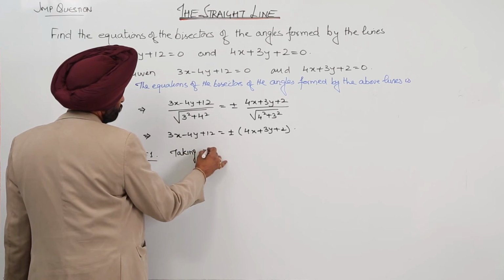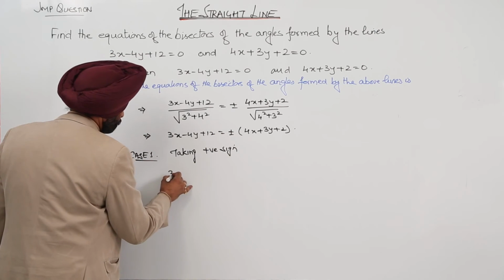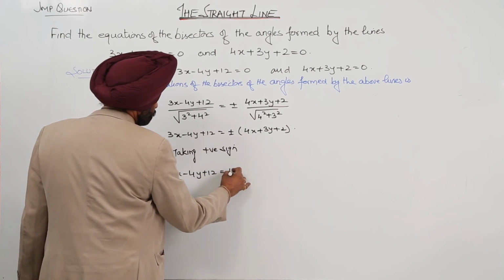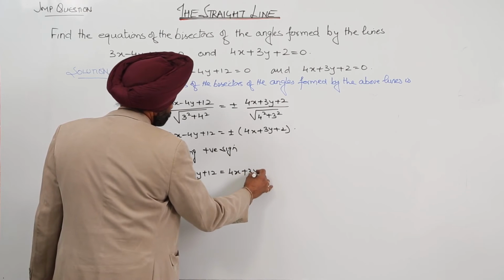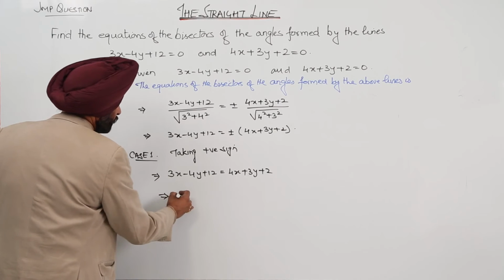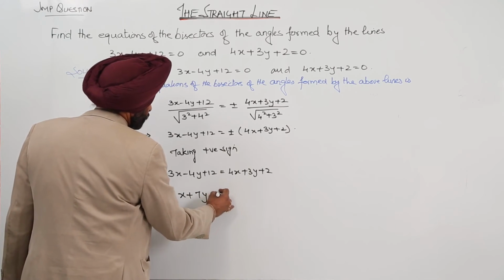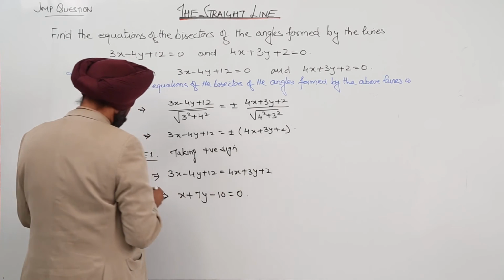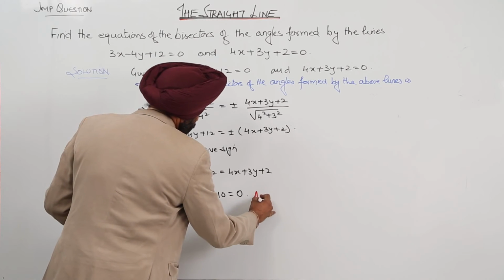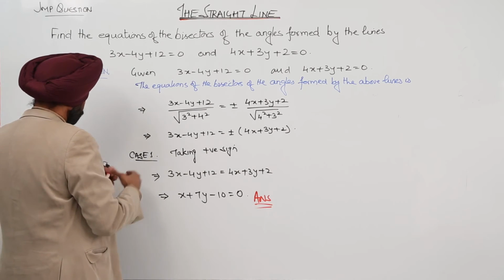Taking the positive sign, 3x minus 4y plus 12 is equal to 4x plus 3y plus 2, and on solving, x plus 7y minus 10 is equal to 0. So we have the first answer. Okay. Now this was case 1.